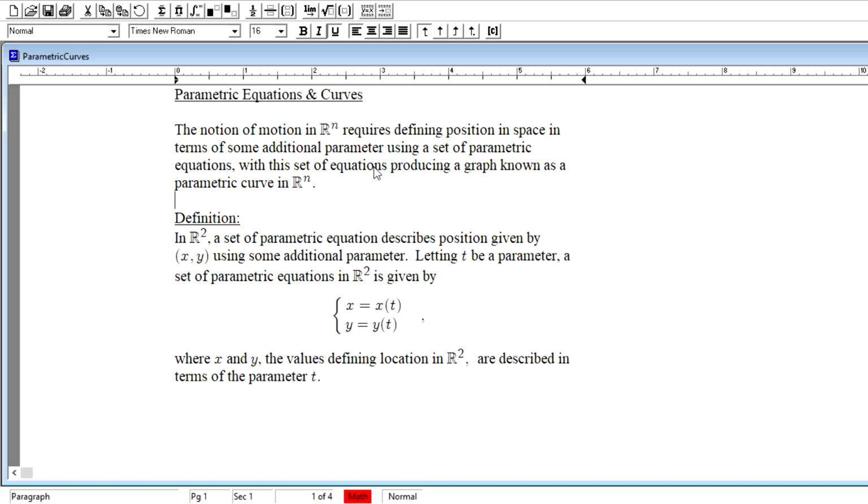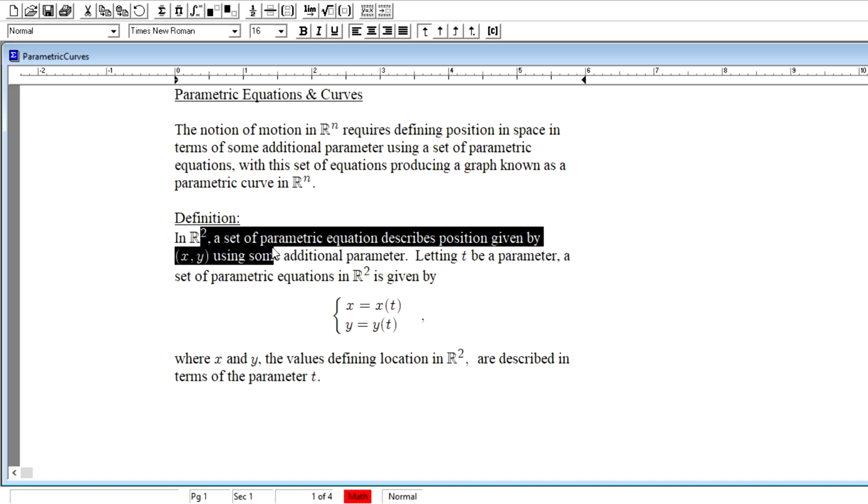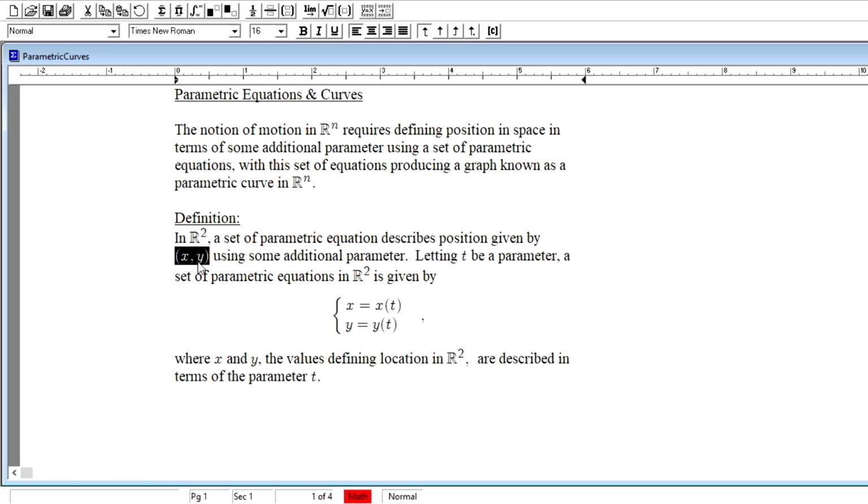In 2-dimensional space, in R sub 2, a set of parametric equations describes position given by the xy coordinate using some additional parameter. The set of parametric equations defines location at x and y in 2 dimensions using some additional variable or parameter value.